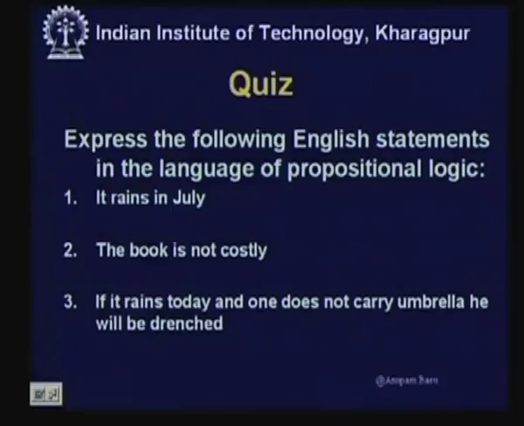We said at the very beginning that in order to represent knowledge, we have to take recourse to a particular language. That's number one.